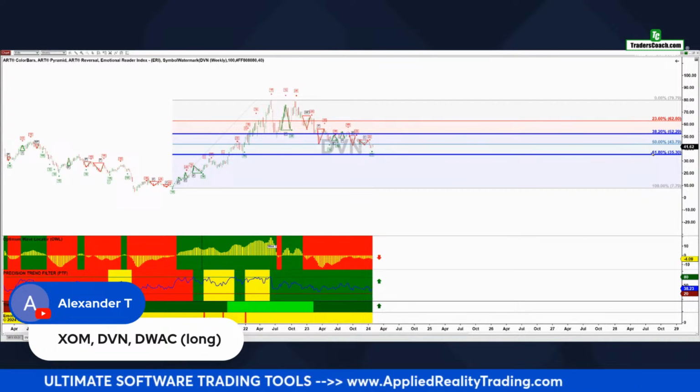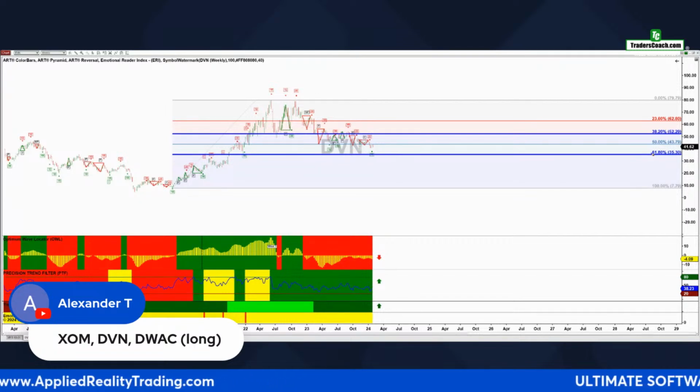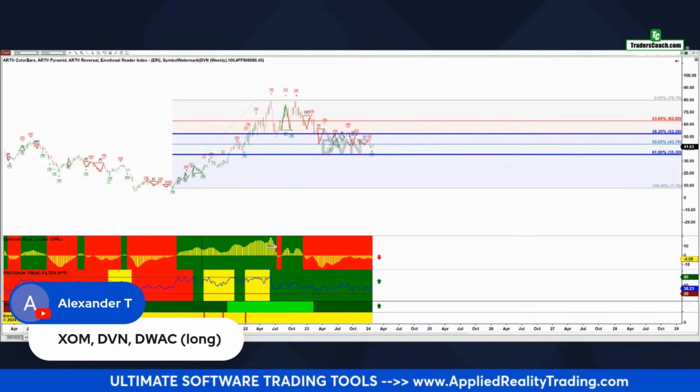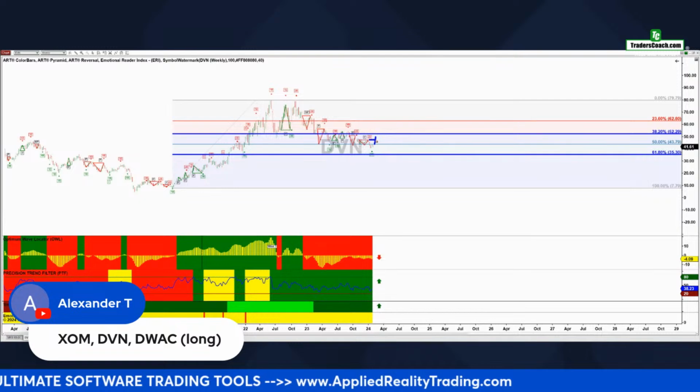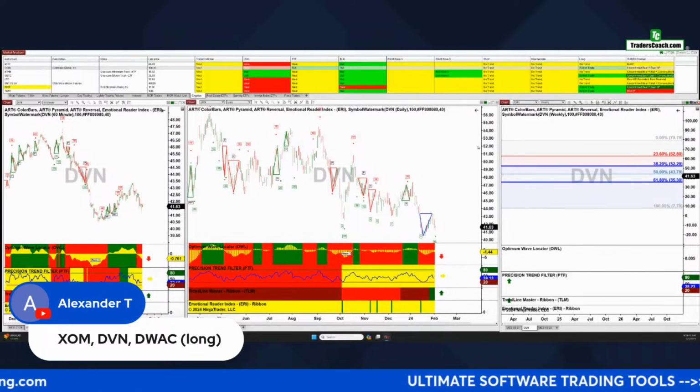So I'm looking for a long trade because of the potential of the PTF, and the Elliott wave count makes sense. How do I know when this move down is over? Well, we like to have price get above the pyramid for one thing. We'd like to have this ideally turn to green, right? But let's see if we can get in as early as possible using some of the other time frames.